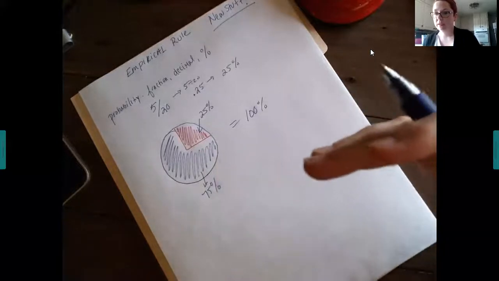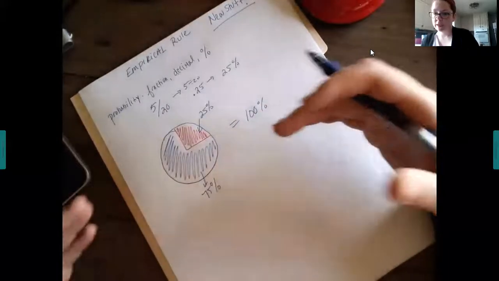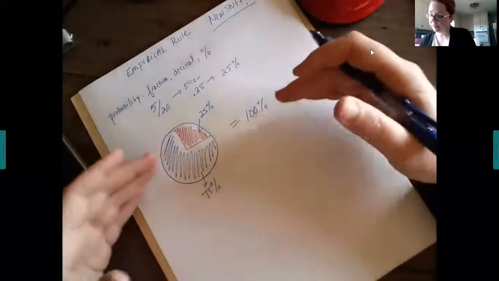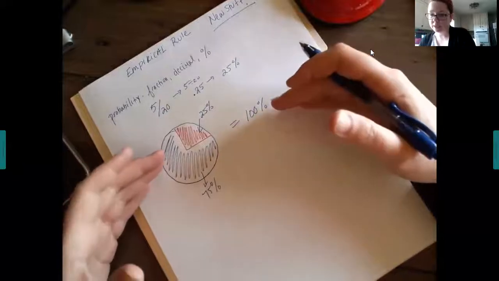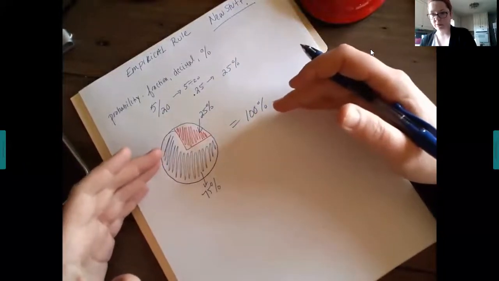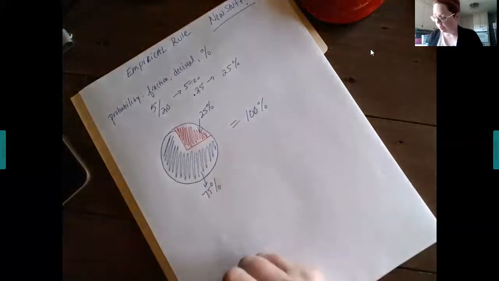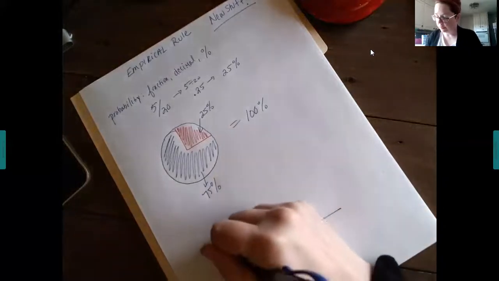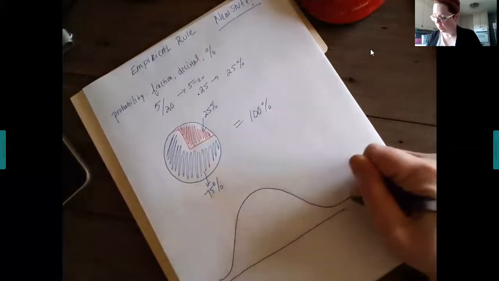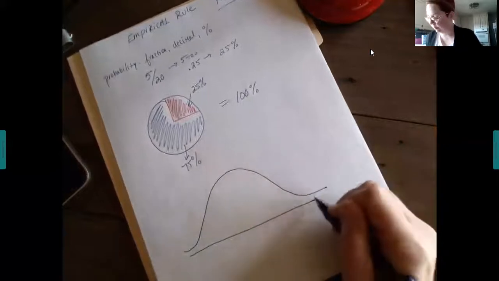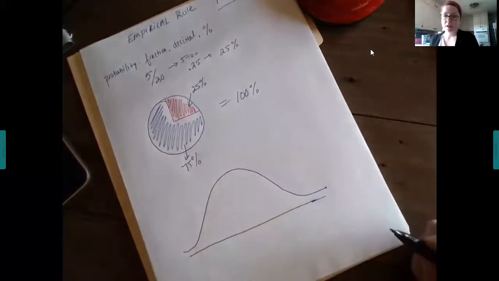So when we take probability and percent-wise, we're gonna take this 100% graph, and we're going to make it into something that looks like this. Whee! All right, that's my good freehanding it.